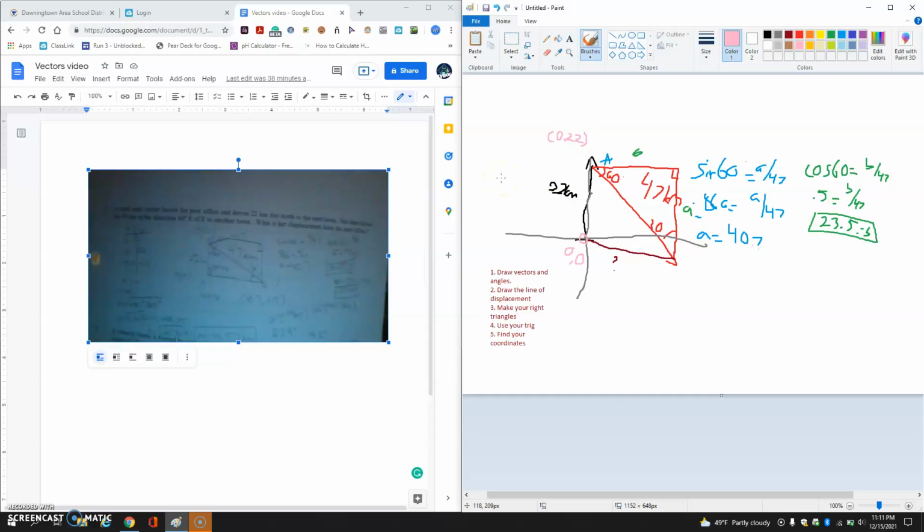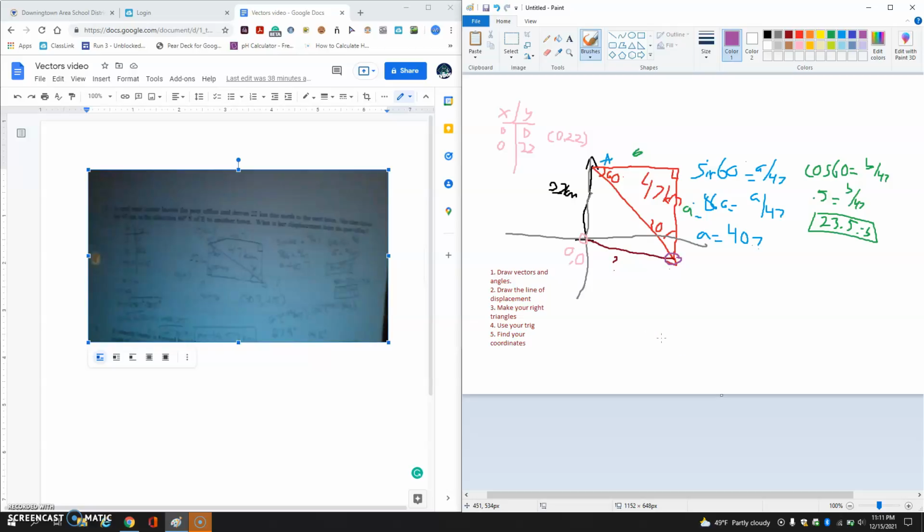Okay? So what we need to do is make a table of our X and Y so we can keep track. We started with 0, 0. It doesn't really matter, but we'll put it there anyway. And then we went to 0, 22. Now we need to find the coordinates for this point right at the bottom here.